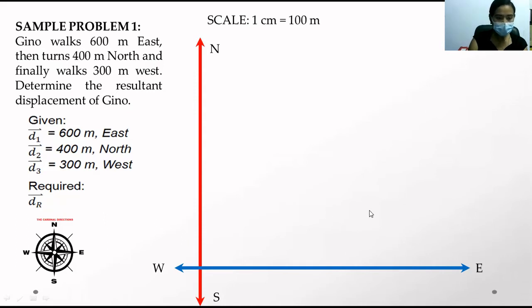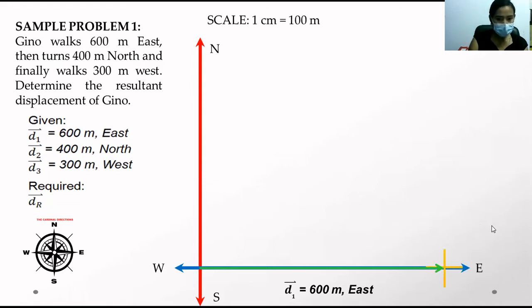So let's draw our first arrow. If this is 600 meters divided by 100, that means on your graphing paper, the length of our first arrow is 6 centimeters. And this green arrow is displacement 1 of 600 meters due east.